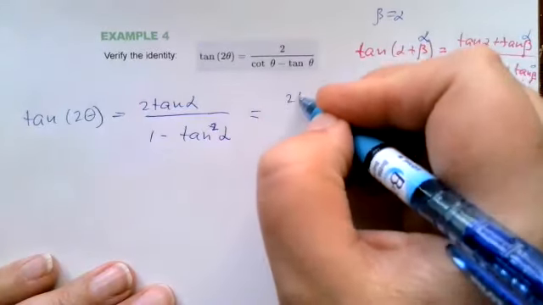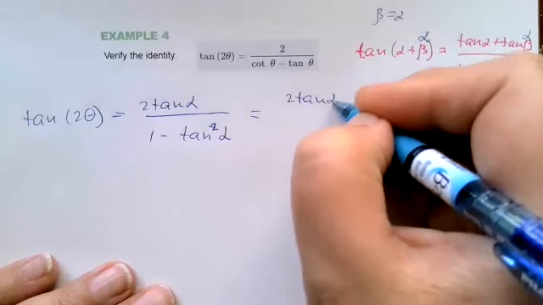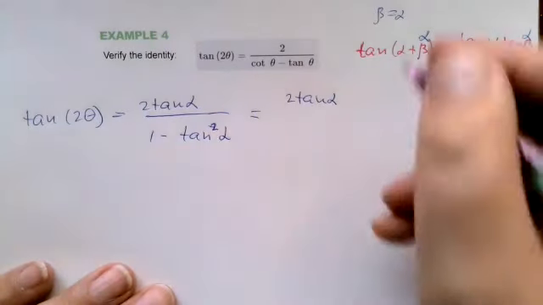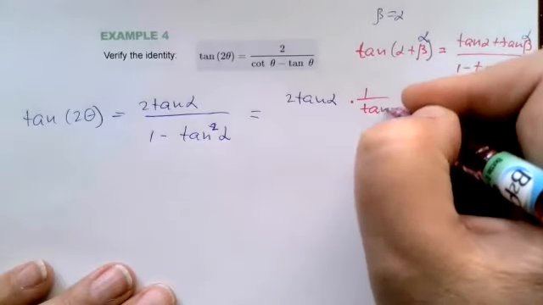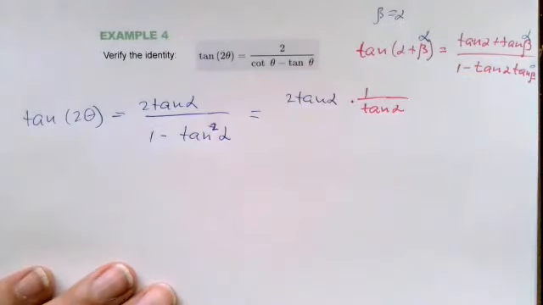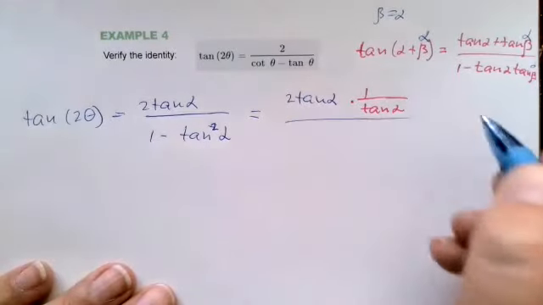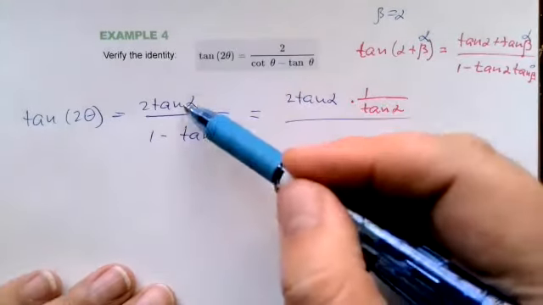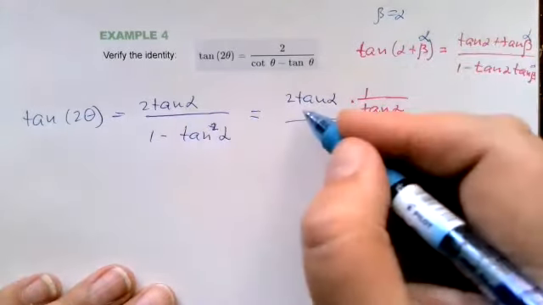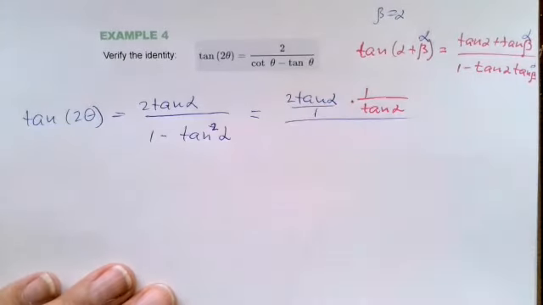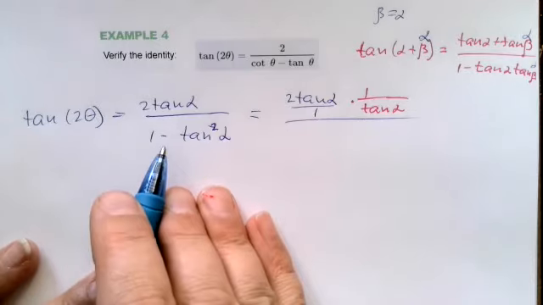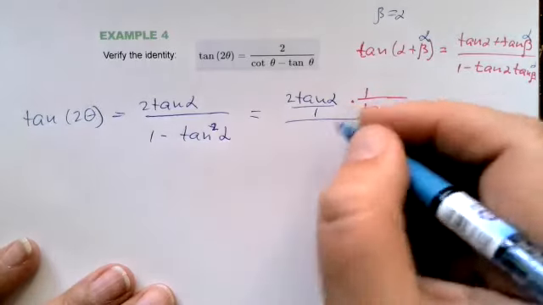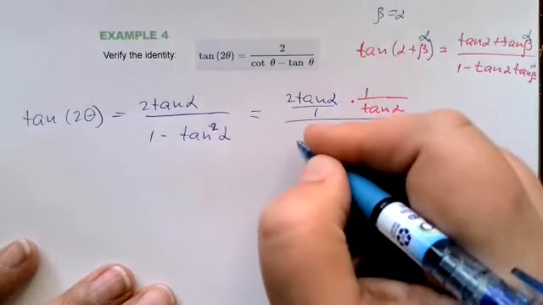But if I do that, then I have to do the same thing with the denominator. So I'm going to multiply this by 1 over tangent alpha, the numerator. And I'm going to turn this 2 tangent alpha into a fraction by adding a denominator of 1. I'm going to do the same thing with the denominator of this fraction.